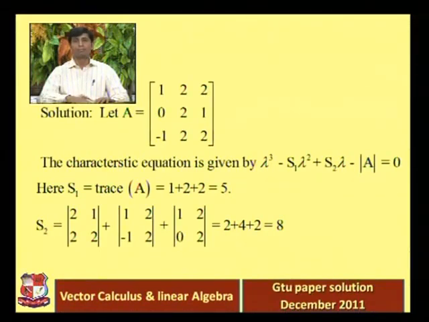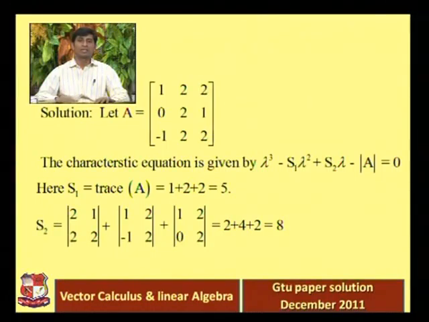Now to find s2. What is s2? s2 is the sum of the minors of the main principal diagonal elements. The minor of the first main diagonal element, that is 1: remove the row and column containing that 1, and you get a 2 cross 2 determinant, 2 1, 2 2.